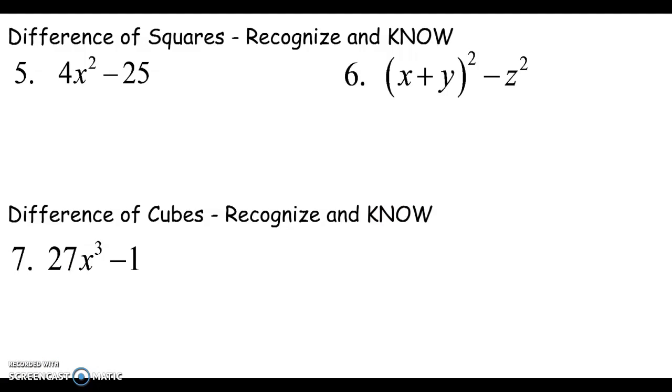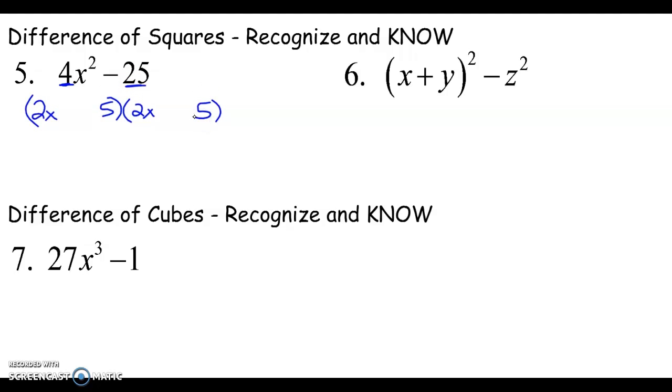Okay, difference of squares. So if you see that both of these numbers are a perfect square, that should give you a sign to break it up, that you're going to have 4x squared, 2x and 2x, 25, 5 and 5.